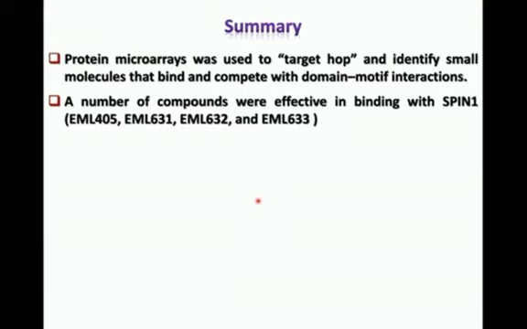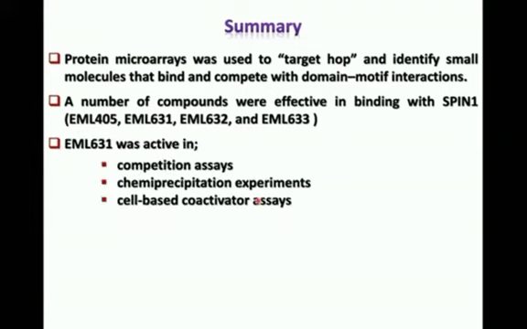These compounds, like these 4 compounds, but we still want to know if the effect is only in the binding or if it will affect the expression or the function of SPIN1. So we found that EML631 was active in competitive assay. Remember when we incubated the inhibitor with the methyl signal, and as well in chemoprecipitation experiments, and as well in cell-based coactivator assay like the ChIP one.